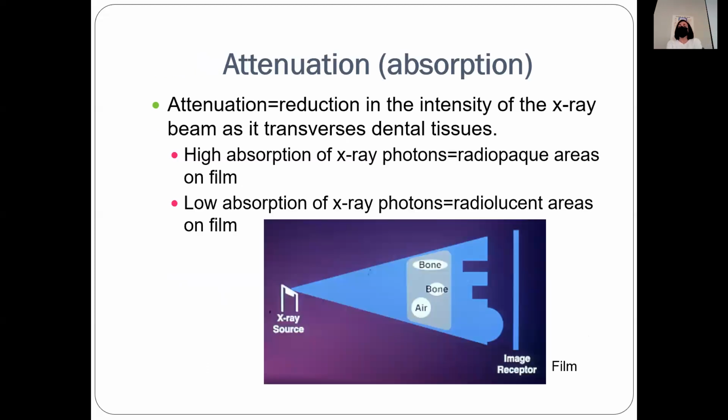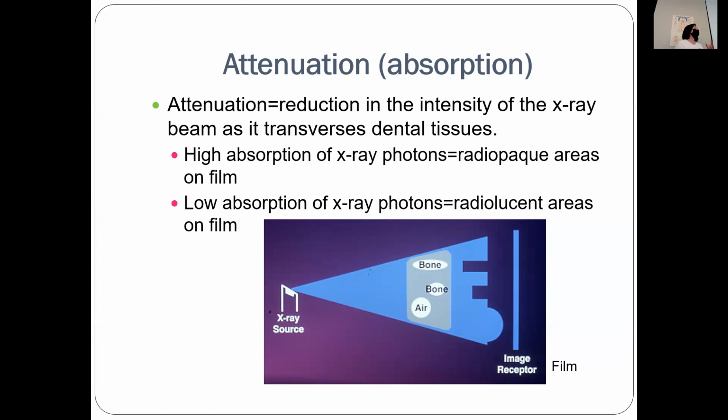Okay, so attenuation is absorption. Attenuation is the reduction of the intensity of the X-ray beam as it goes through the different dental tissues like cheeks and teeth and all that kind of stuff. High absorption of X-ray photons will result in a white area, like when they hit a metal restoration.